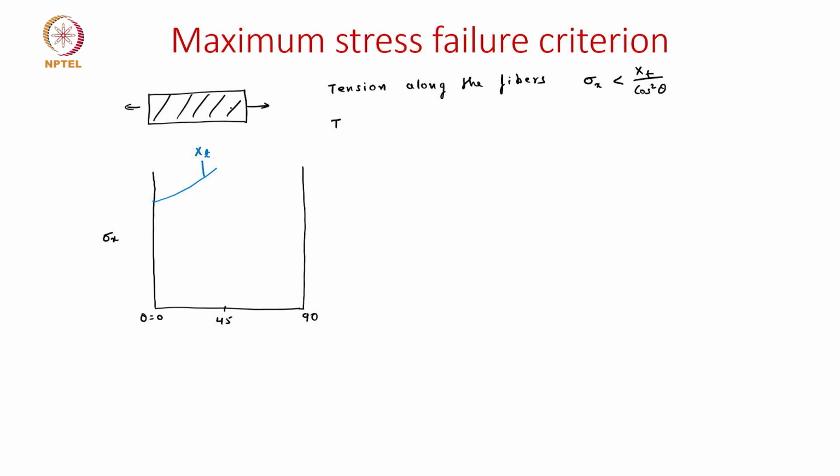In this uniaxial load sigma x, perpendicular to the fiber, it's again in tension. So there we look at sigma x should be less than Yt by sine square theta.